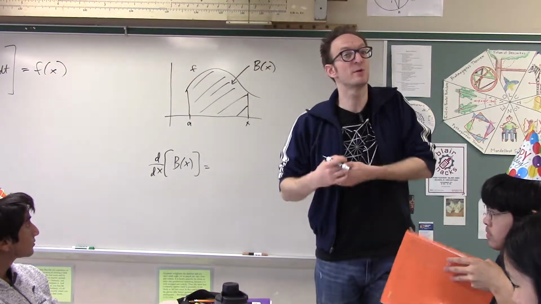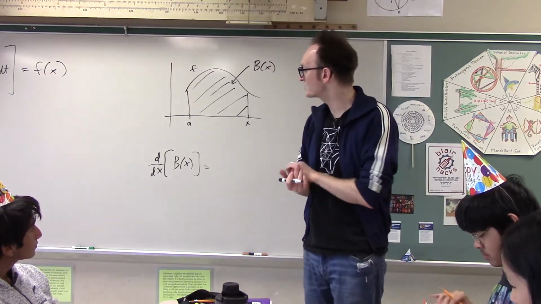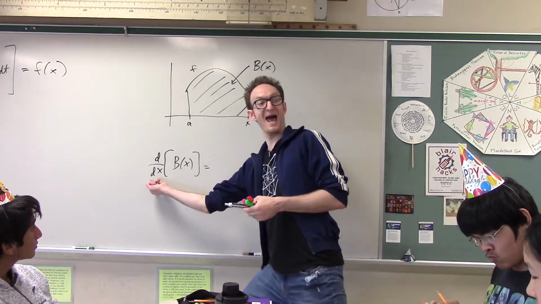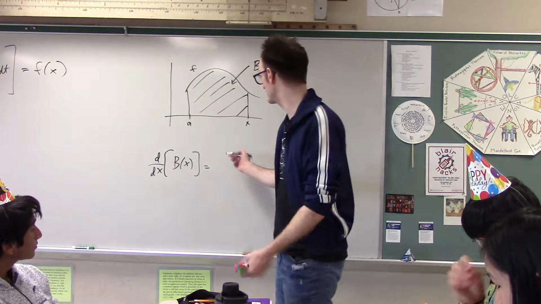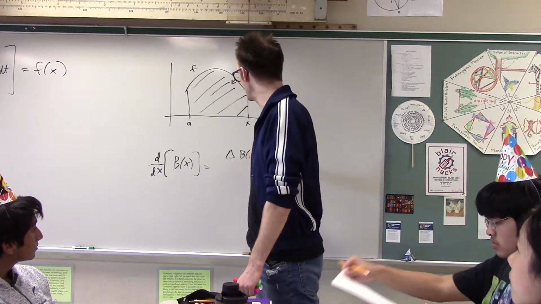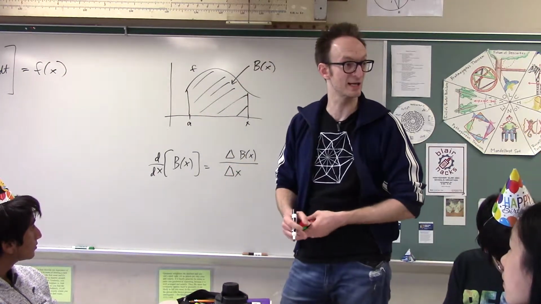It's asking for the rate at which this function is changing. So what we're really asking is, given a tiny little increase in x, what is the increase in B of x? Or more casually, what's the change in the B function given a tiny change in x? That's the question we're really asking.